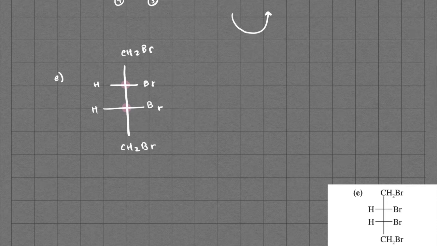And let's assign priority first. Let's do this carbon 1. So this bromide gets 1, then this carbon R group gets 2, CH2Br gets 3, hydrogen 4.